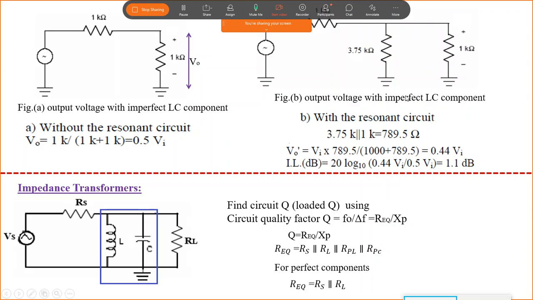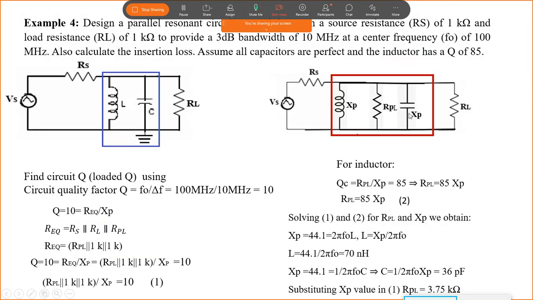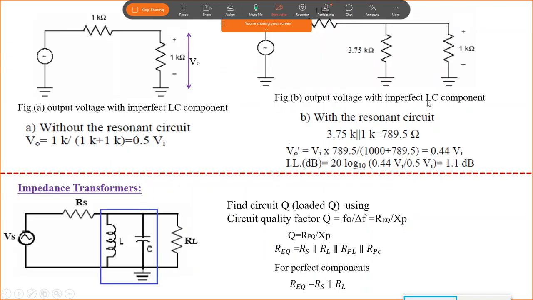RPC, in parallel, will come, and you should take that RPC into consideration to calculate the insertion loss.